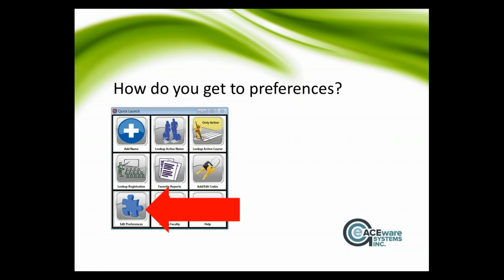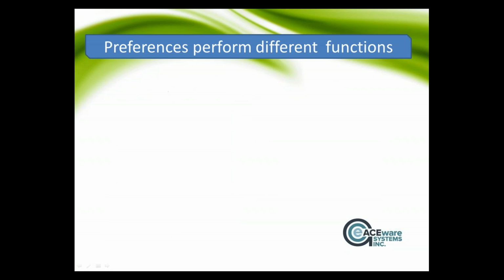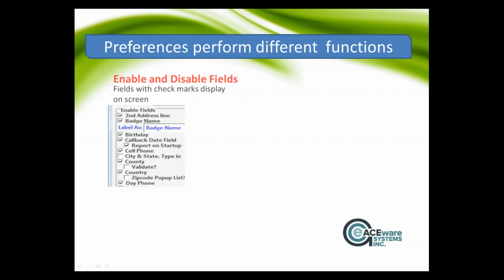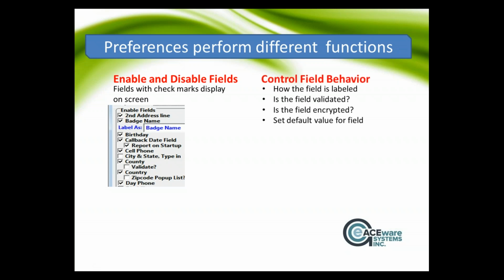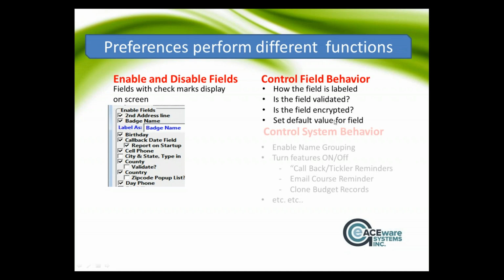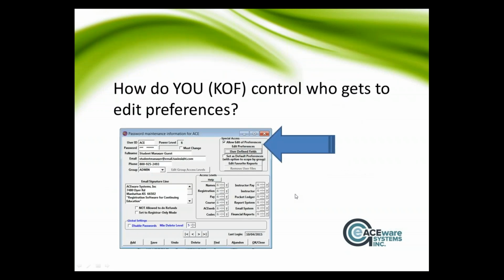Quick review: how do you get to preferences from the launch bar, from the main menu? Reminder of the types of things that they do: enabling and disabling fields where you can hide or use fields as needed, controlling field behavior, and some system behavior.